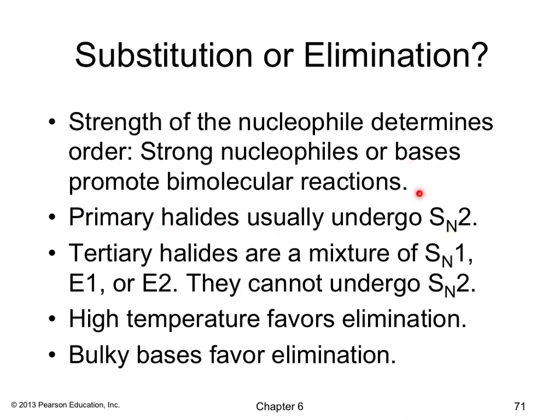Primary halides undergo SN2. So whenever you see a primary halide and a good nucleophile, you're going to say that's going to go SN2. Tertiary halides are a mixture of SN1, E1, or even E2. They cannot undergo SN2. So please note that. High temperature favors elimination, and bulky bases favor elimination.